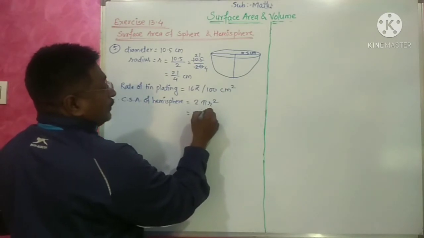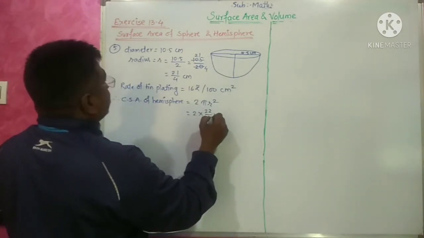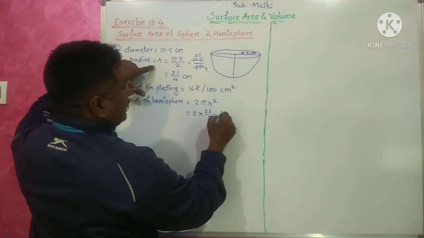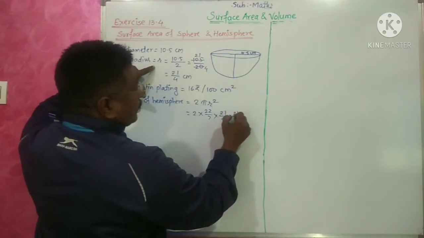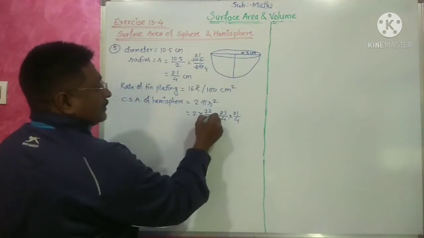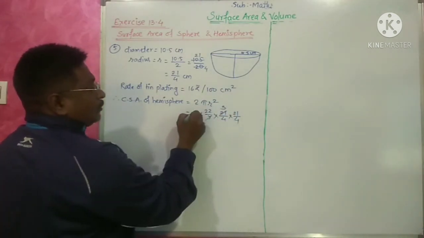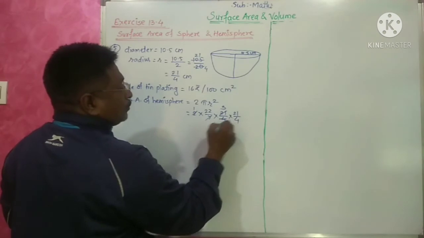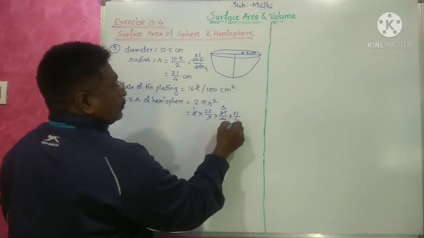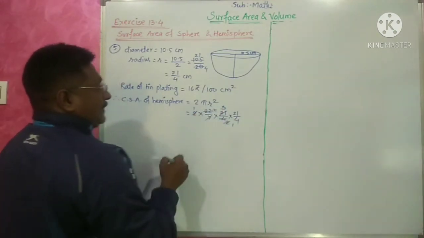So 2 into 22 by 7. The radius is given, 21 by 4 into 21 by 4. 7 1s are 7, 7 3s are 21, 2 2s are 4, 2 11s are 22.